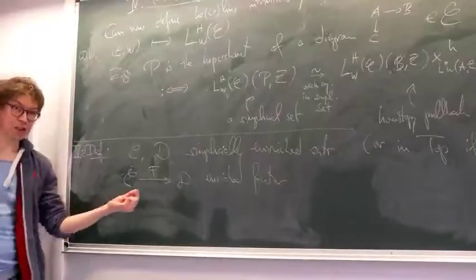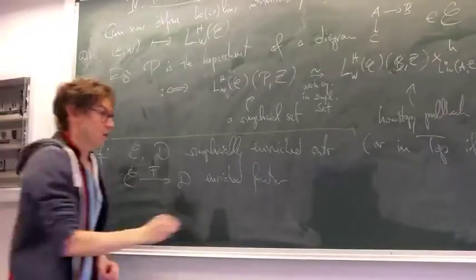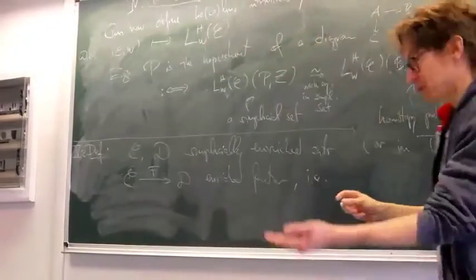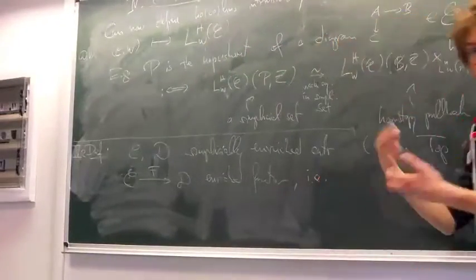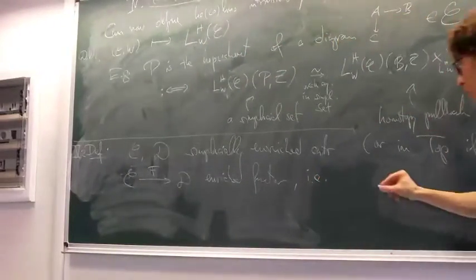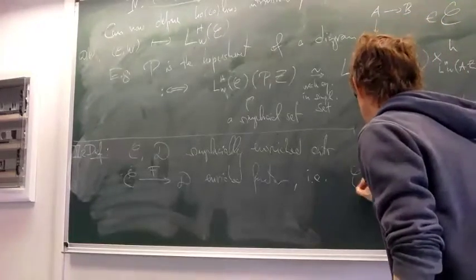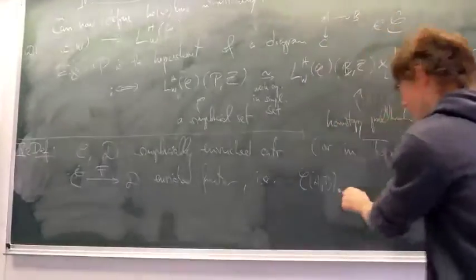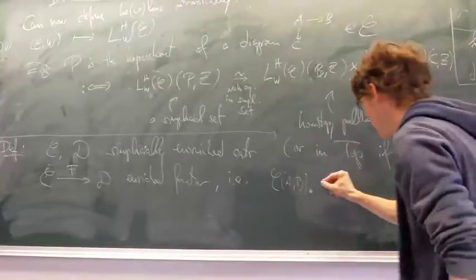It means I send objects to objects, and I have maps of simplicial sets, commuting with all the structure maps, faces and degeneracy maps. I have this index running through the levels of the simplicial set.